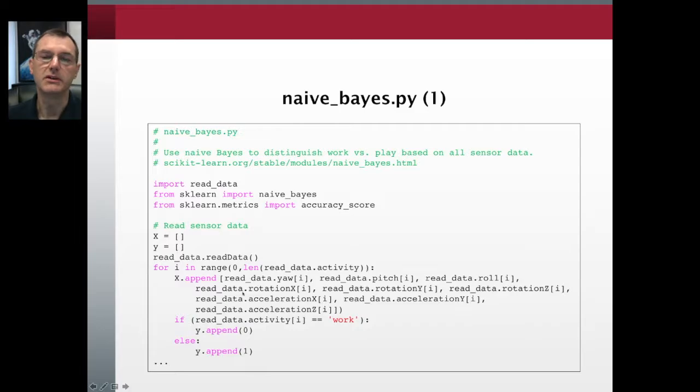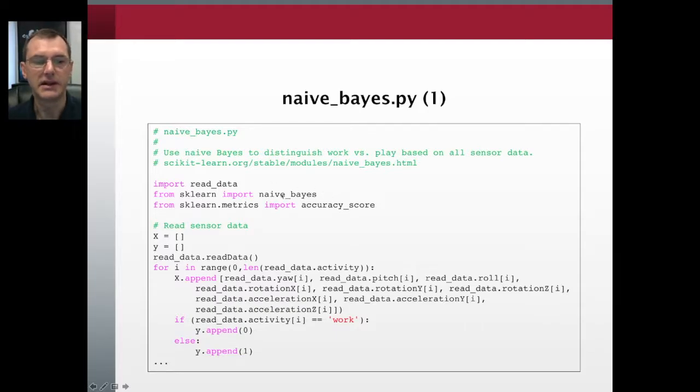So in your course materials, you should have a file called naivebayes.py, and that contains the naive Bayes classifier applied to our sensor data. In this case, we're not going to be visualizing the result. We're just going to print out the final accuracy. So we don't need a lot of the other modules like matplotlib or the NumPy modules in this case. So all we're doing, again, is importing the read data in order to read in our data.